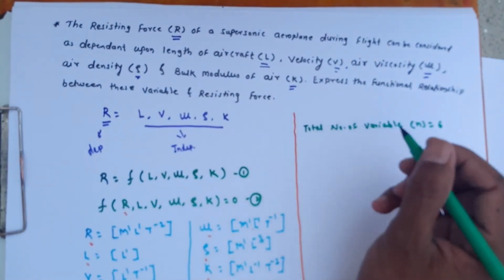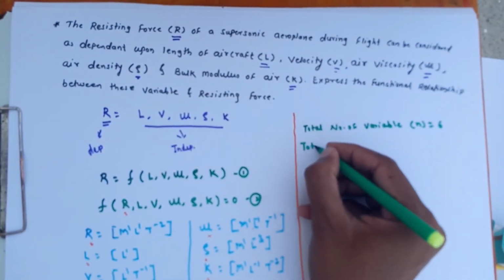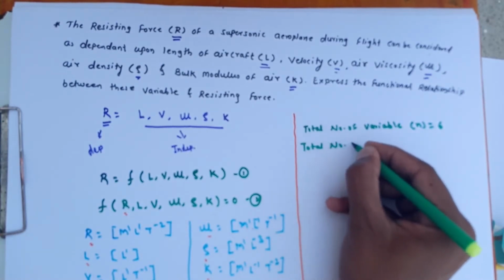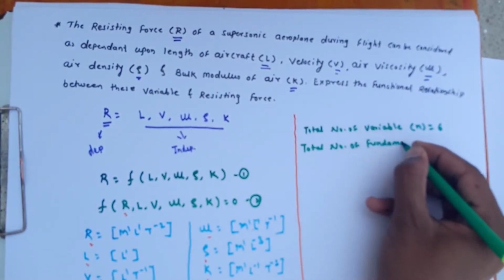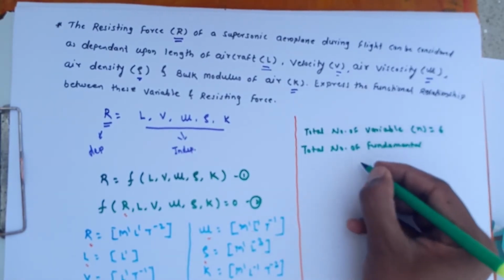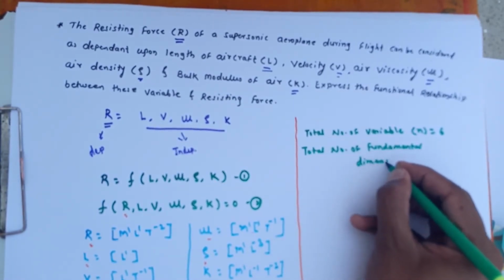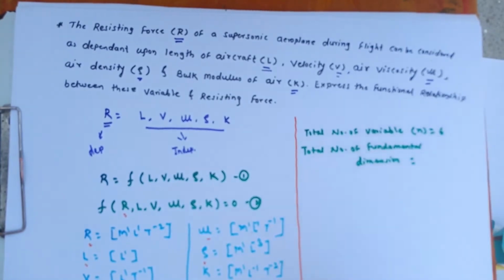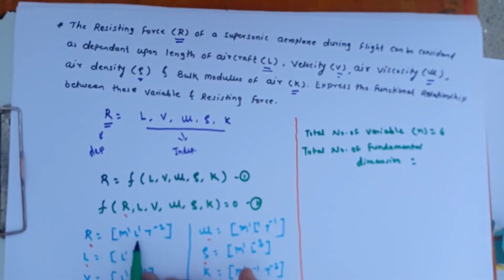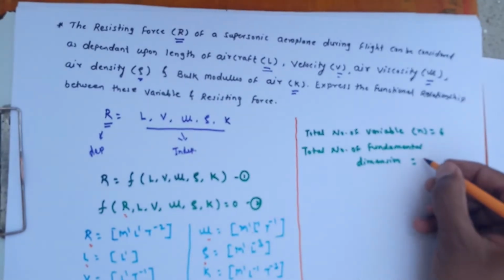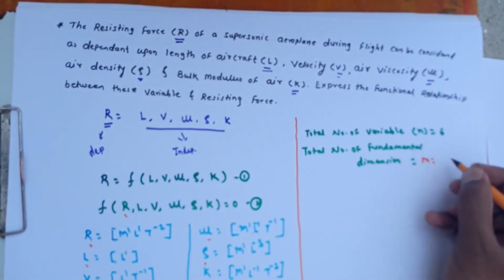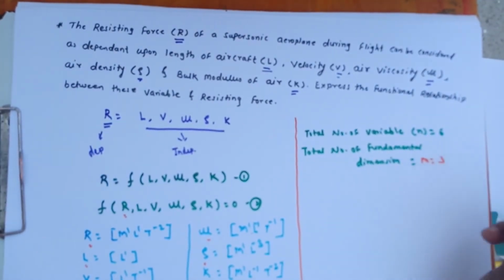Then the total number of fundamental dimensions. Here if you see, M is available, L is available, T is available. Apart from M, L and T, no other fundamental dimension is available. So the total number of fundamental dimensions, that is m, is equal to 3.